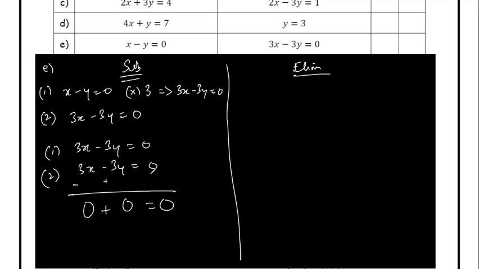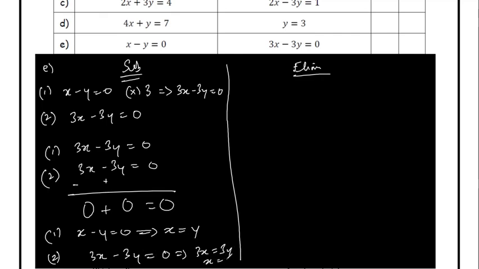Well, this is how I can explain it to you. From the first equation, x minus y is 0, which represents x is equal to y. From the second equation, 3x minus 3y is equal to 0, which represents 3x is equal to 3y.